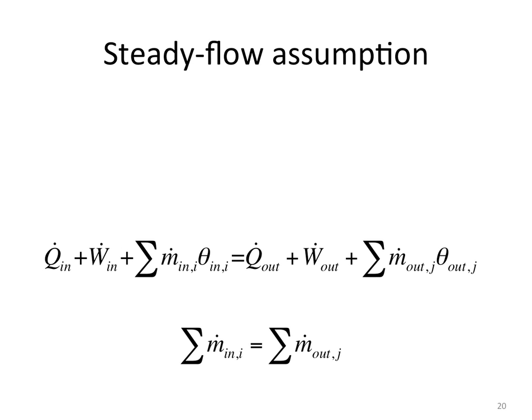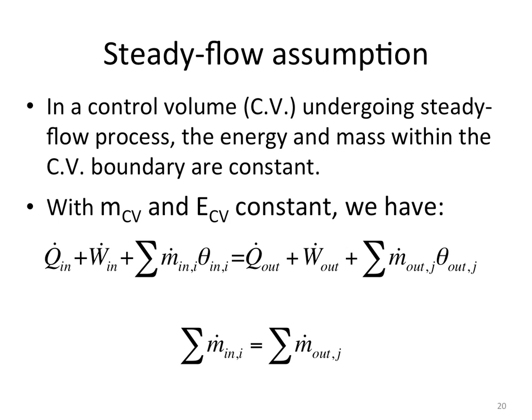As a result, we have these two equations, which are necessary for energy conservation analysis of a control volume. The first equation is about energy. The second equation is about mass. And that's because the mass and the energy within the control volume don't change with time.